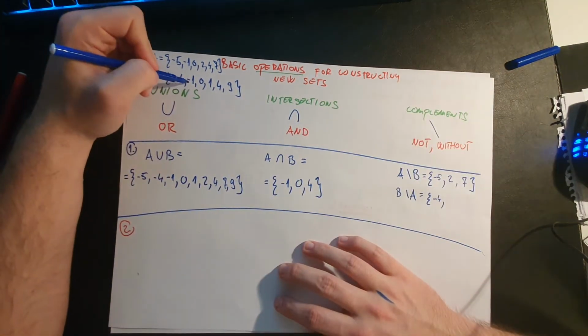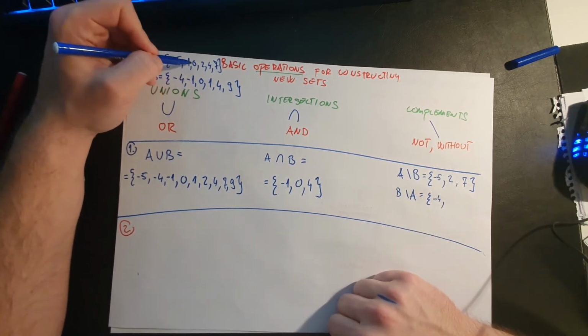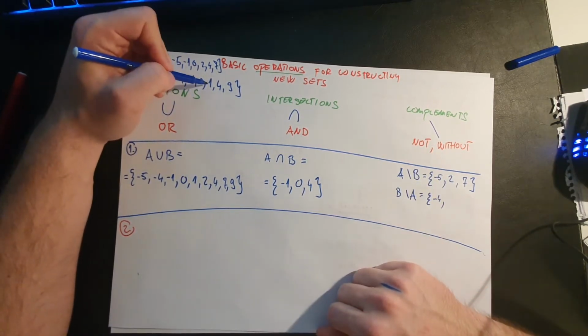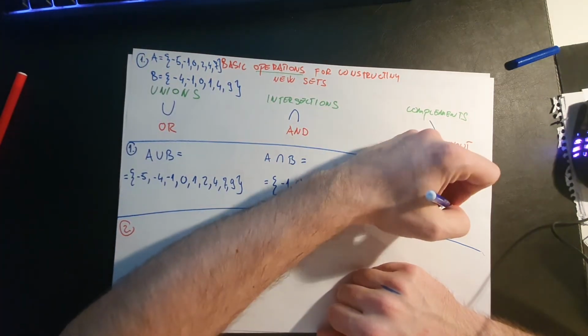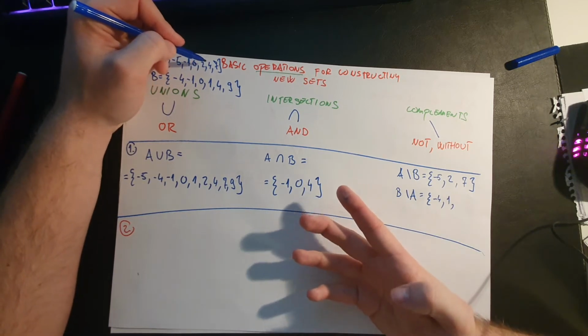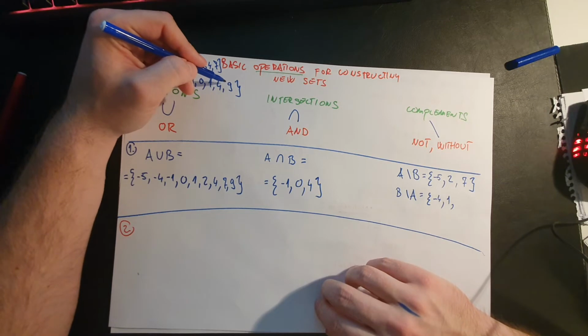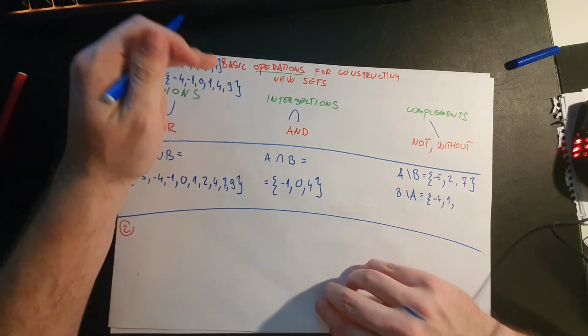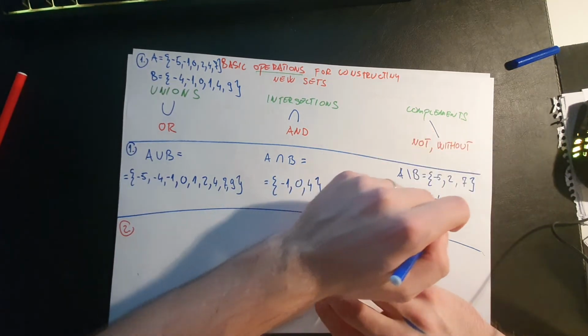Okay. -1 is in the A set, so I leave it out. 0 is in the A set, so I leave it out. 1, I don't have it in the A set. I'm going to write it down. Okay. 4 is in the A set also, so not going to work. And the last member of the B set is 9. 9 is not part of the A set either, so I can write it down.